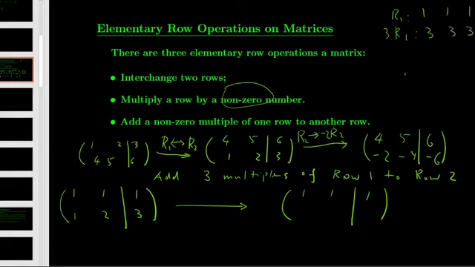The idea is to add 3 multiples of row 1 to row 2. At this point you copy row 2. Row 2 is 1 2 3. Row 2 has all the numbers 1 2 3, right?